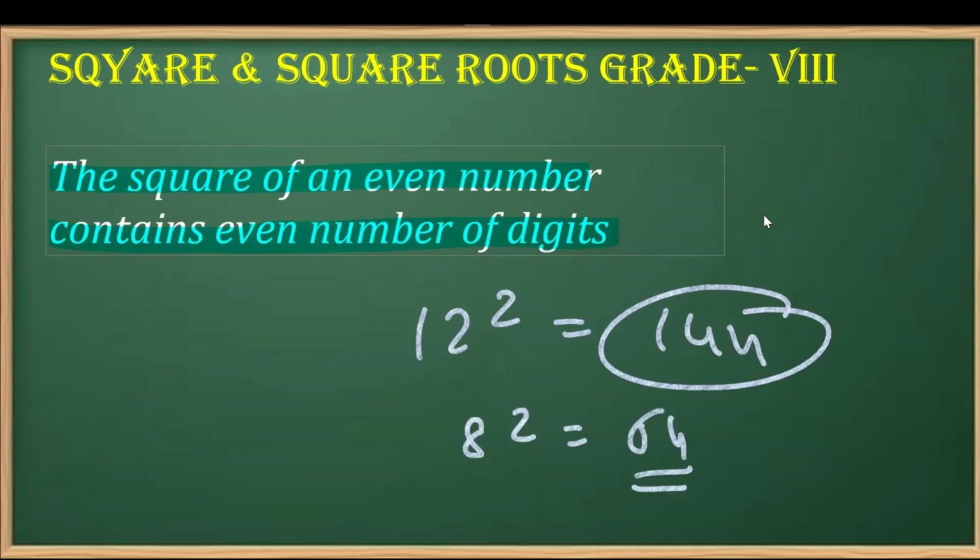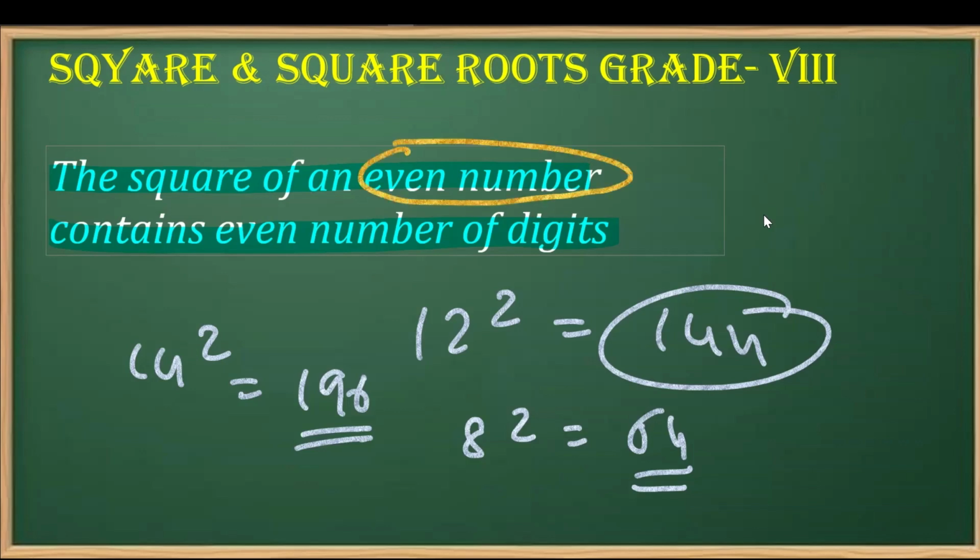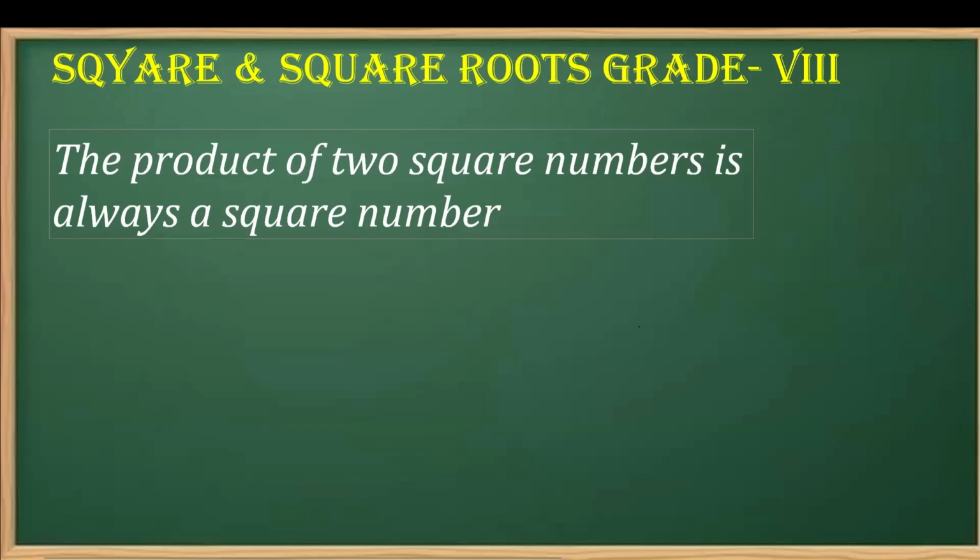But when I take any other even number, let's say 14, 14 square is 196. It has an odd number of digits, so we should say that this is a false statement, as the square of an even number can have an odd or an even number of digits.